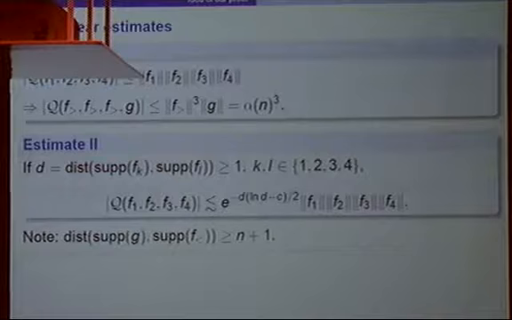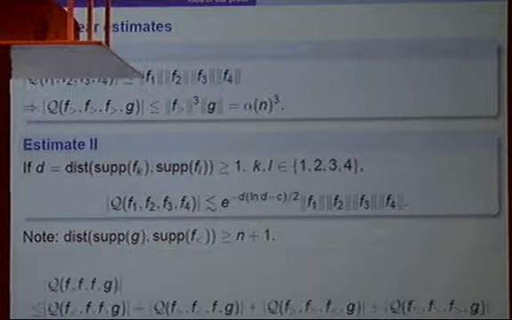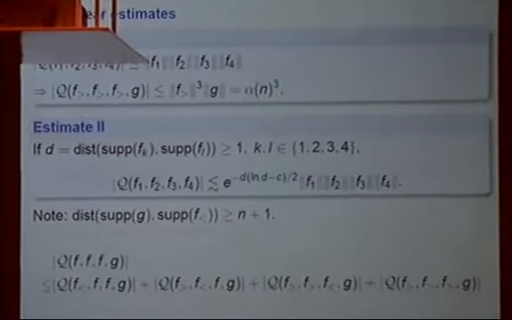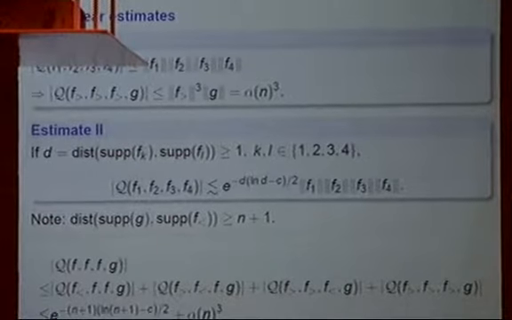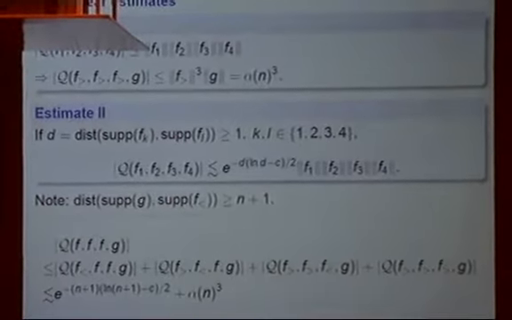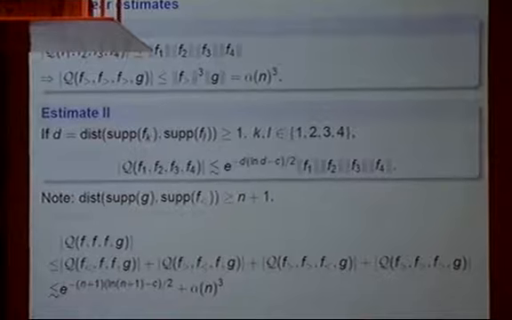So once we get the second estimate, using the distance between support of G and support of F small is at least n plus 1, we can just plug in these 4 terms. Then we can see that this comes from this one by estimate 1, and this comes from these three.